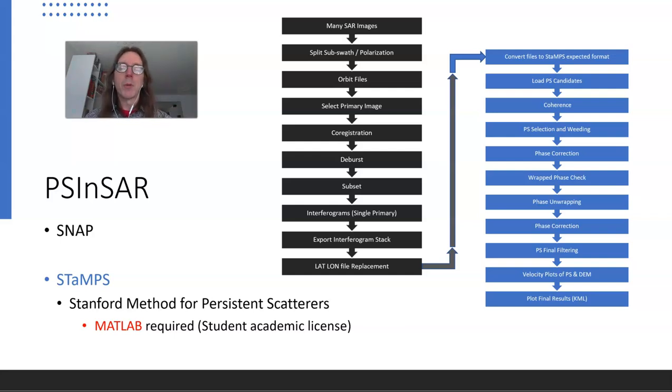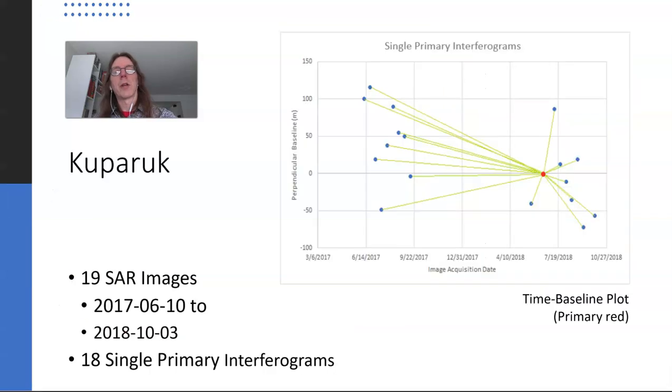The open source MATLAB alternative simply didn't function as required, and the only reasonable solution was to activate a Linux version of MATLAB using a student license available to me via the university. This, however, enabled me to run a terminal version of MATLAB and therefore eventually gain full StaMPS functionality and produce PSInSAR results for locations such as Kuparuk.